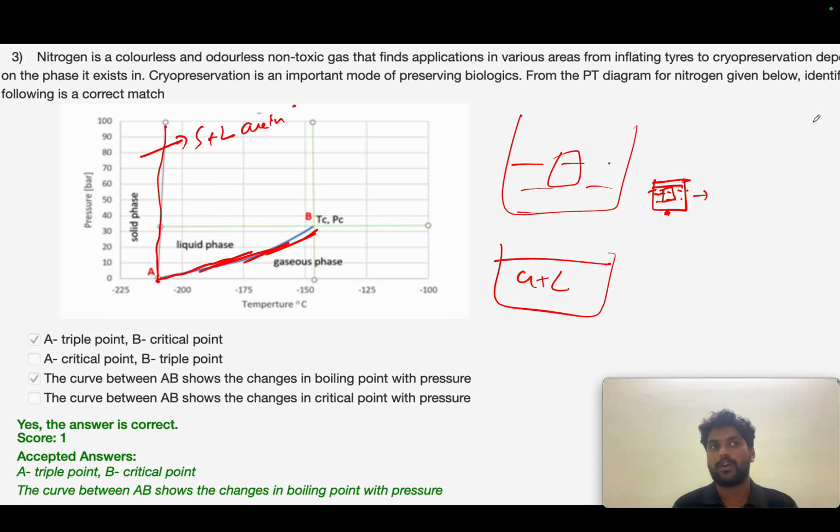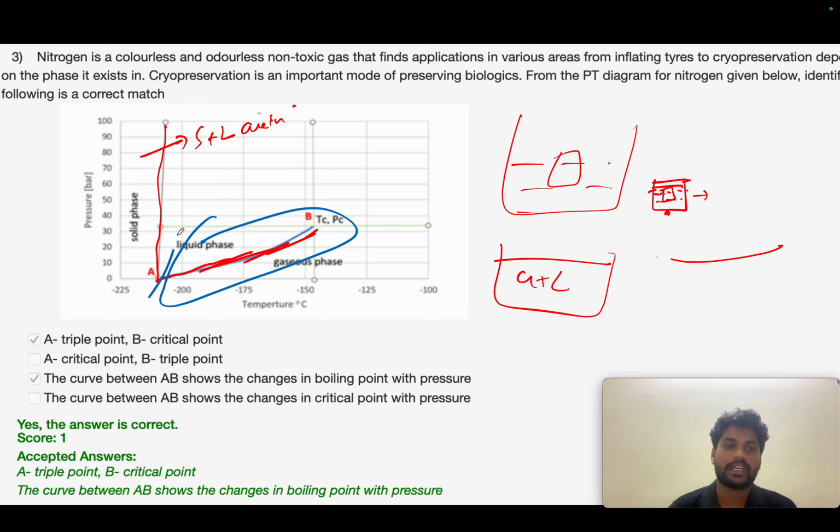How do the entropy and volume change, and what does the chemical potential change? We already said this line is at equilibrium, and this line is also at equilibrium. So equilibrium means mu L equal to mu gas, and here it will be mu solid equal to mu liquid.